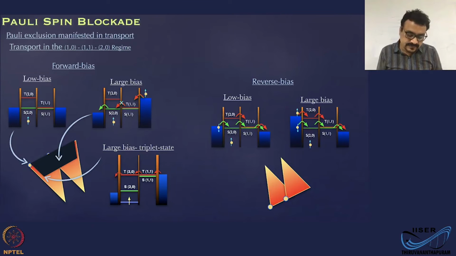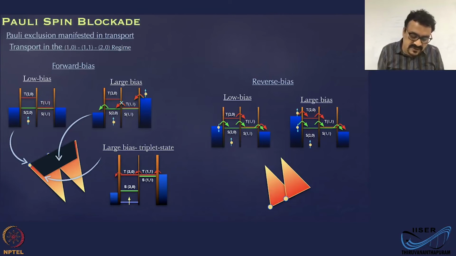Now, at low bias regime, we know that we have only the triple points. No triangles are possible. The triangles come when you increase the bias. These points will expand into triangular regions. So in the low bias regime, an electron with spin up or spin down can tunnel here.